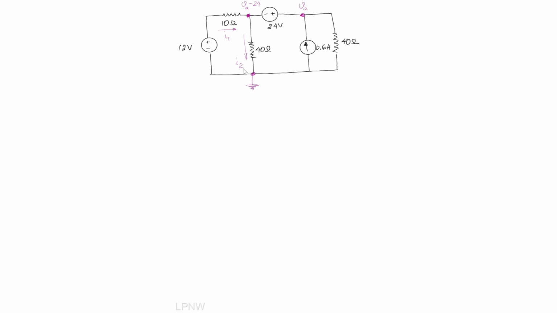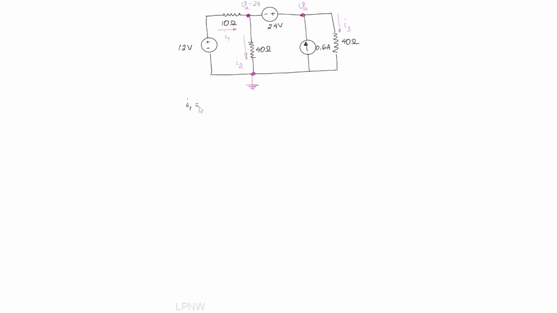And we need to organize another current, again towards the reference point, the ground, the current which we will call I3, and it will go through the 40 ohm resistor. Now, let's try to write the equations for each current.